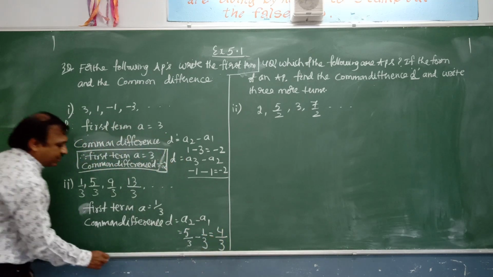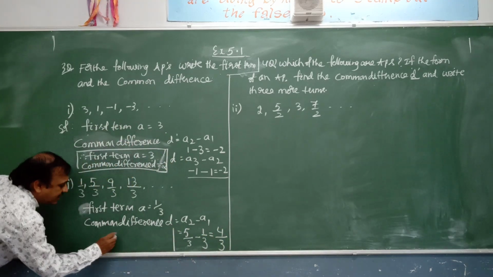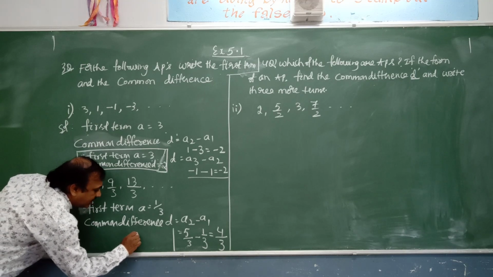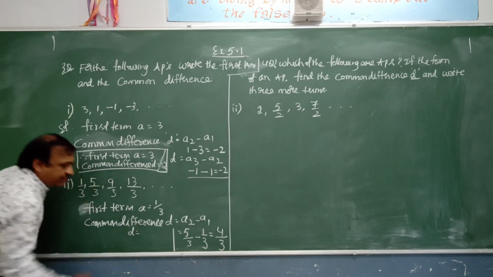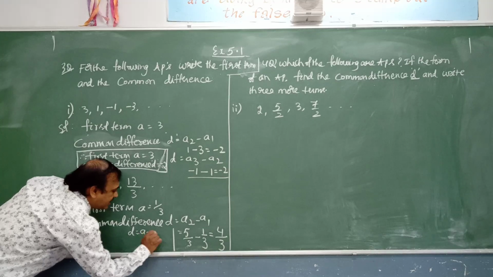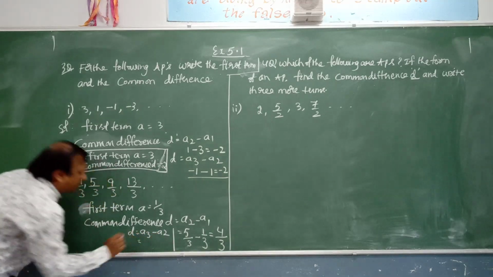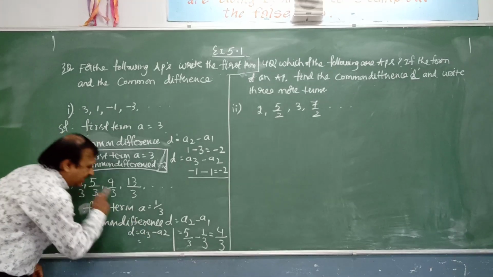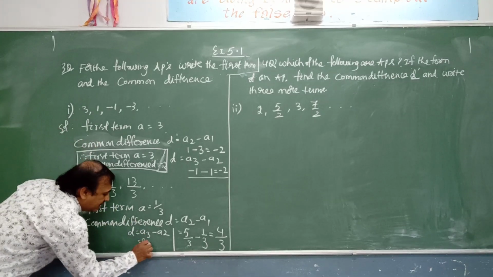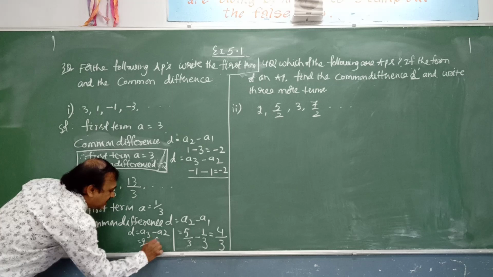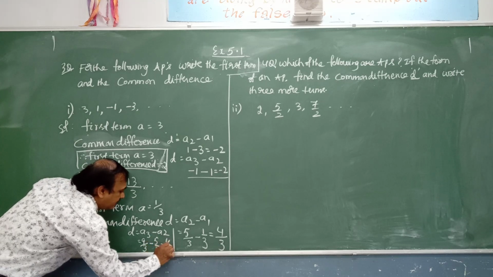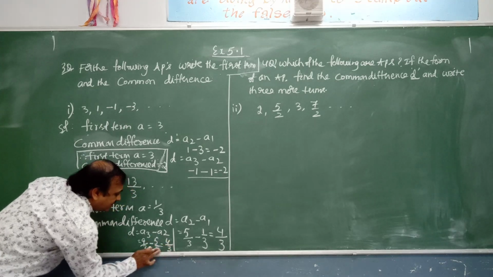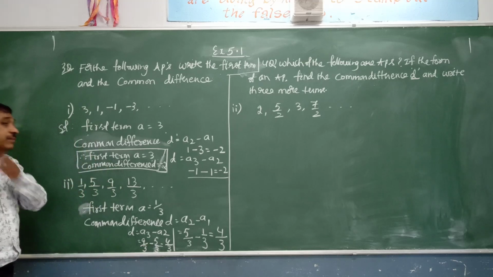Now one more we find out here. D is equal to A3 minus A2. What is A3? 9 by 3, and A2 is 5 by 3. So 9 by 3 minus 5 by 3 will give you 4 by 3. Now you observe the common difference.